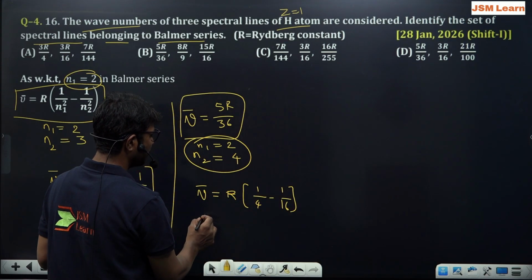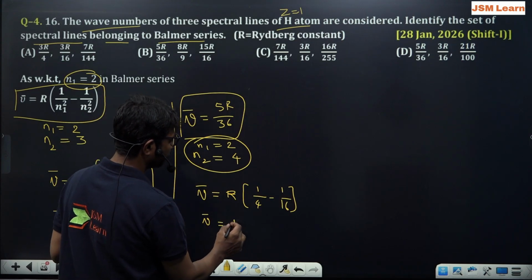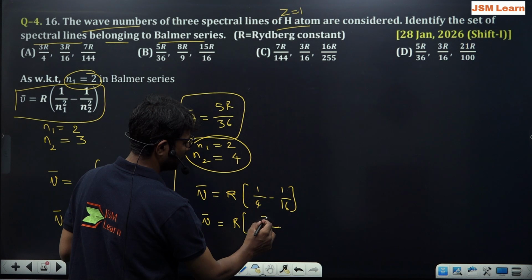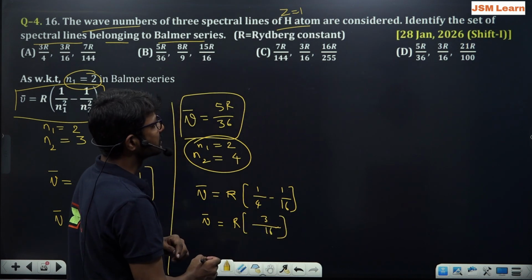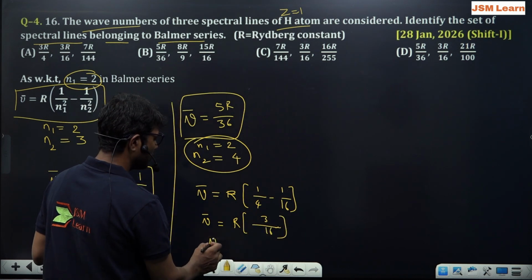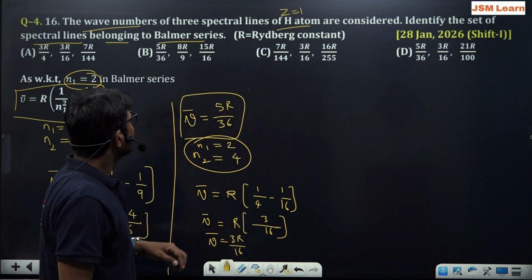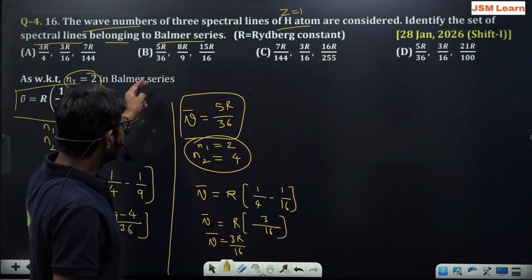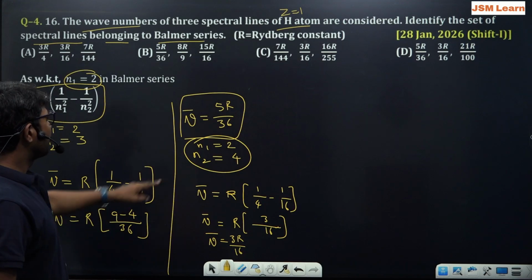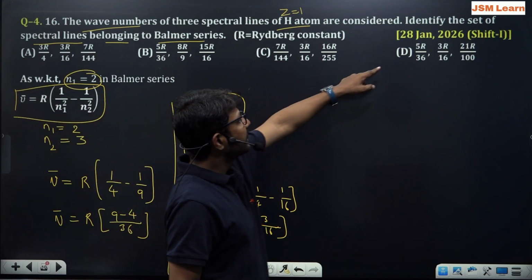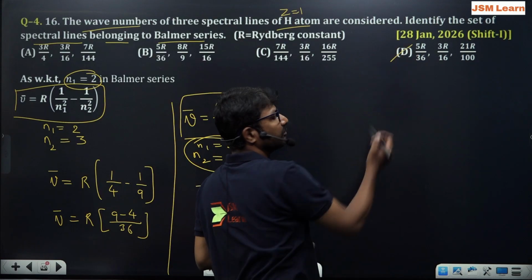So on simplification, mu bar is equal to 3R by 16. So the mu bar value we got is 3R by 16. Here you can see that no option contains it after the 5R by 36 value, 3R by 16. So directly you can go for option D in this case.